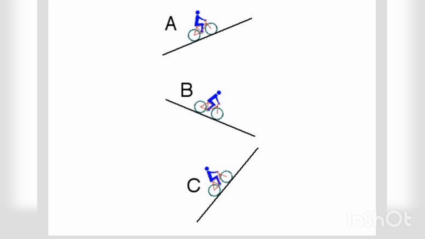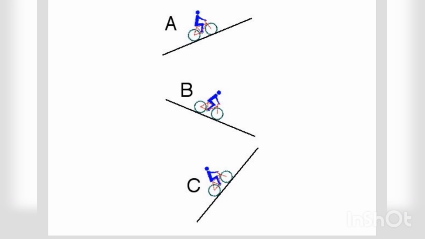So as far as the direction of the movement is concerned, there is no difference between image A and image C. However, if you have looked carefully at the images, you should be able to conclude that there is a difference between the steepness of the two slopes.